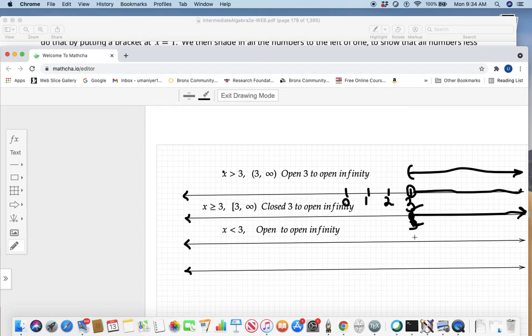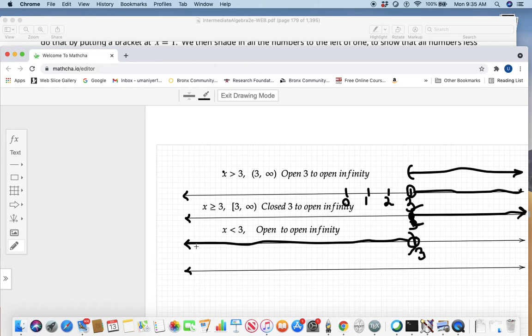Let's draw 3. Because it is less than, it is an open circle. It is not filled in. Sometimes people like to draw just parentheses. And x is less than 3, so it goes all the way to negative infinity.